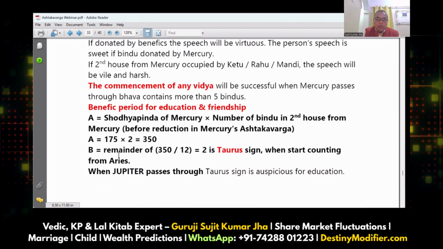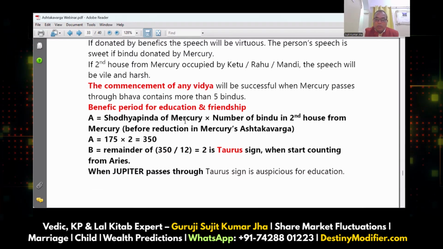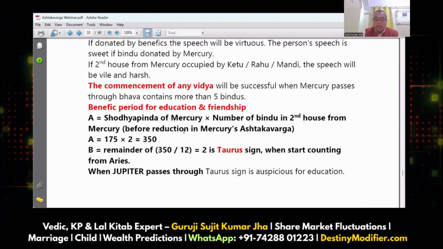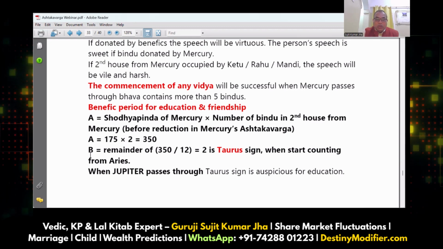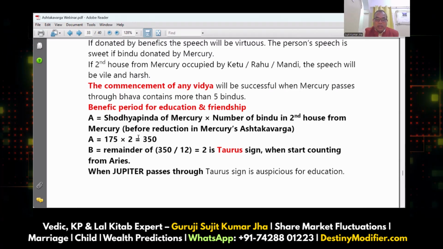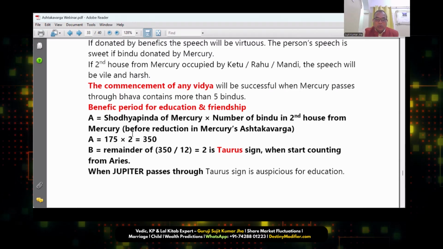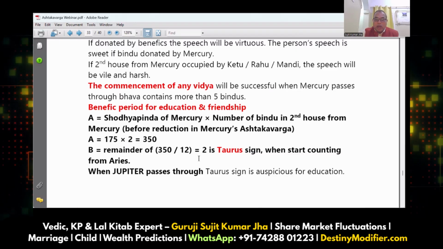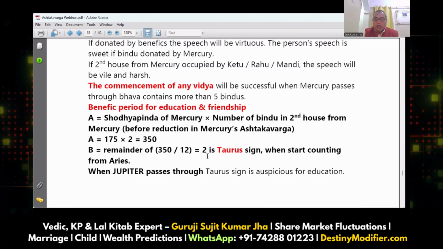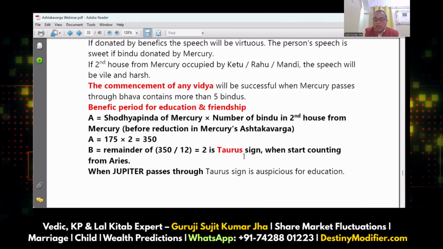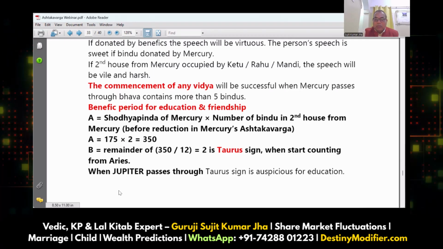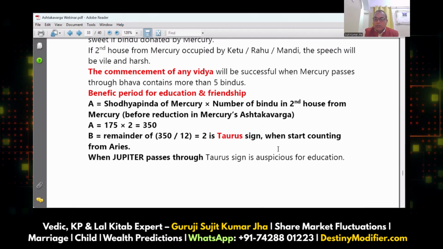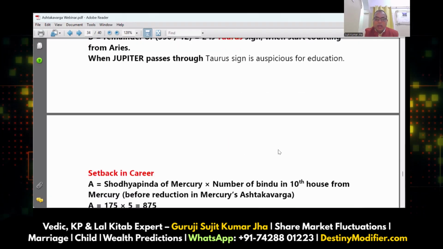In the same way, we have to find the Sodh Pinda of Mercury and multiply by the number of Bindu in the second house from Mercury in the Mercury Ashtakavarga. The second in the native's chart has 2 points. So 175 into 2 is 350. Then 350 divided by 12, the remainder is 2. So Taurus sign. What it means is when Jupiter passes through the Taurus sign, the native will get auspicious results related to education.